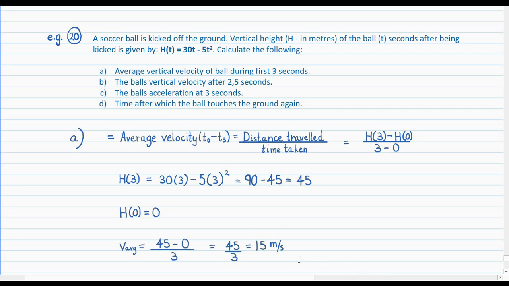And for these questions, always remember to include the units, because they are important. The next part asks for the ball's vertical velocity after 2.5 seconds. This time they asked for the velocity at a specific point in time, 2.5 seconds. This is known as the instantaneous velocity, and you should know how it's different from the average velocity, because you'll often be asked for both in different parts of the same question.